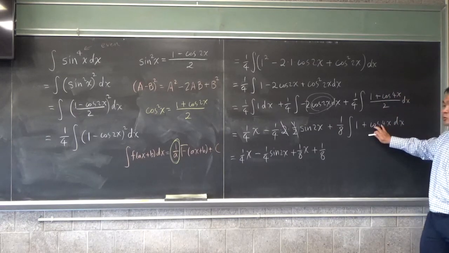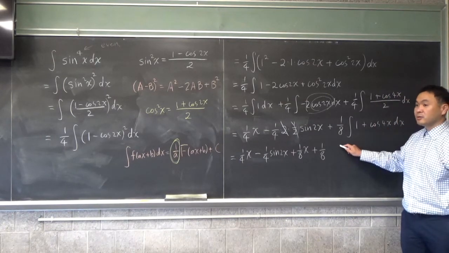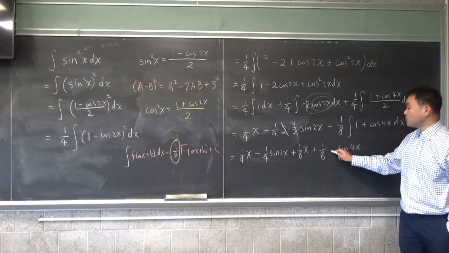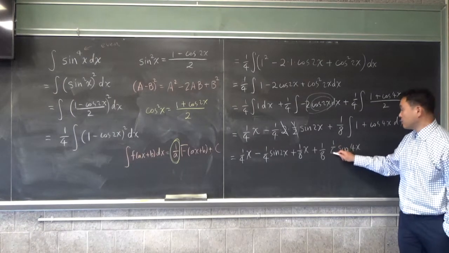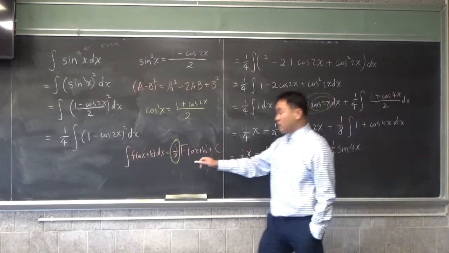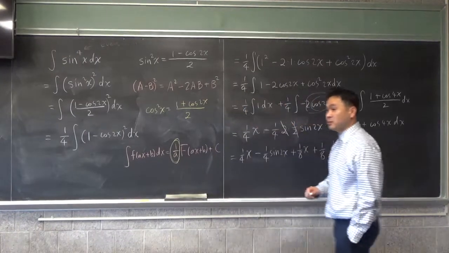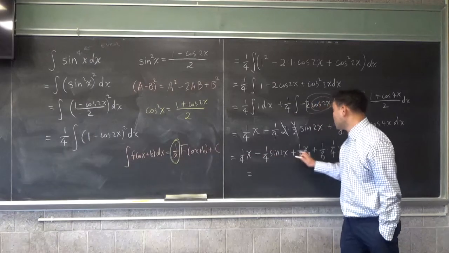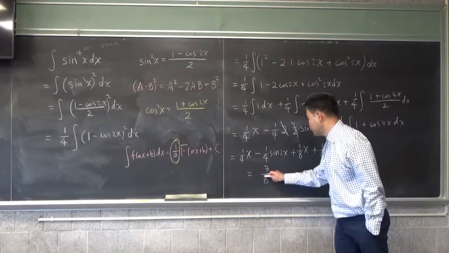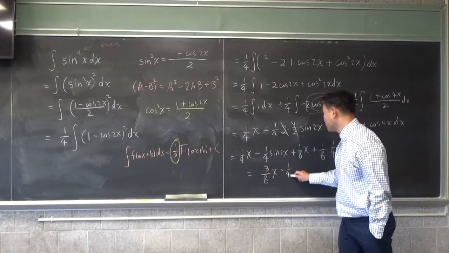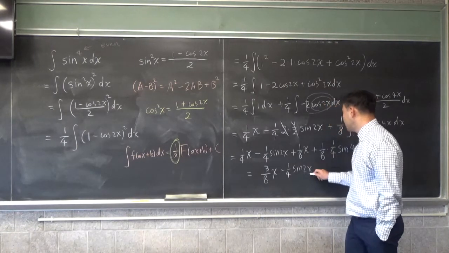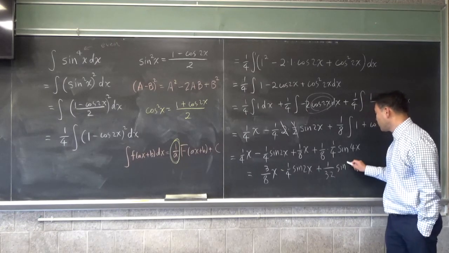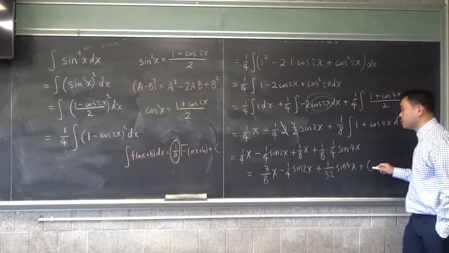First, antiderivative of cosine is? Sine. It's positive sine. And you have 4x. What do you put in front? 1/4. That's what this formula is saying. This reciprocal comes in front. Okay, now you simplify, and that's the final answer. It's 1/4 plus 1/8 is 3/8 x minus 1/4 sine 2x plus 1 over 32 sine 4x plus C.